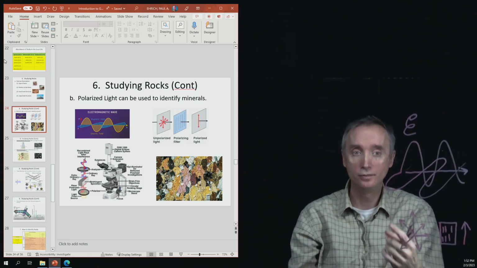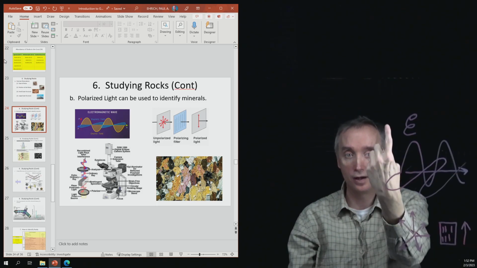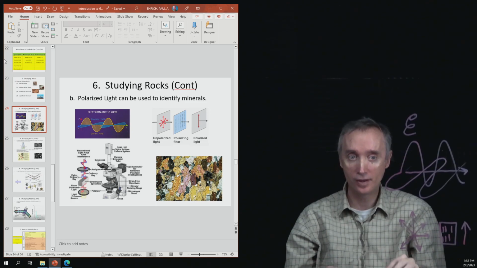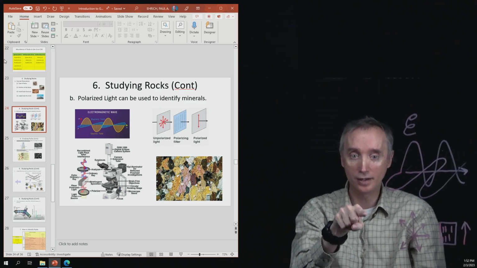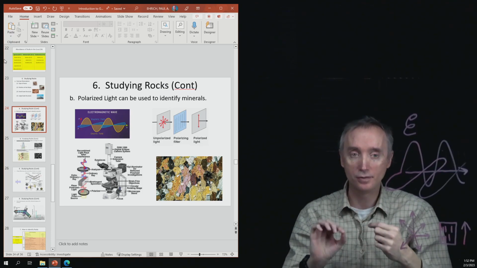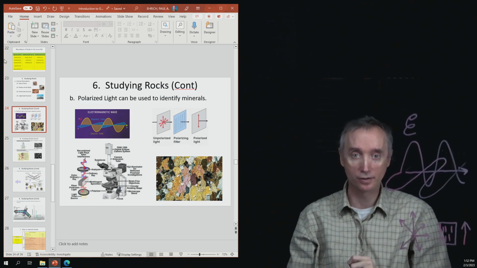Now, when the polarizing light going up encounters a mineral, and if that mineral is aligned with that polarizing light, then you see the mineral, and it's a certain color.